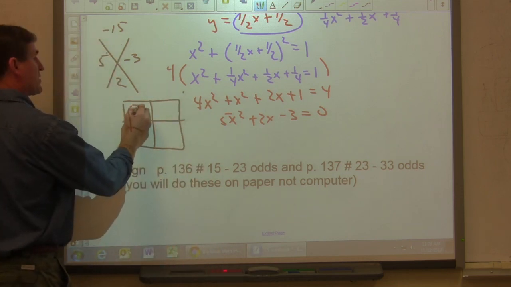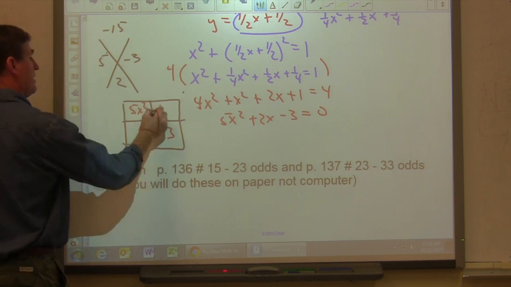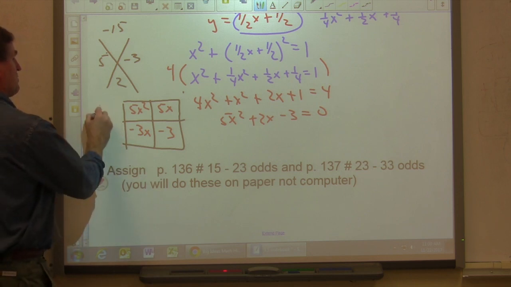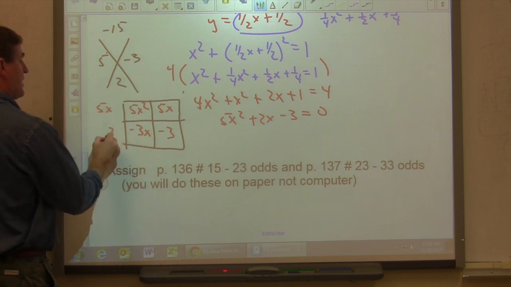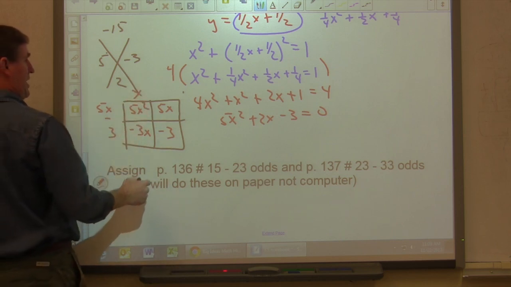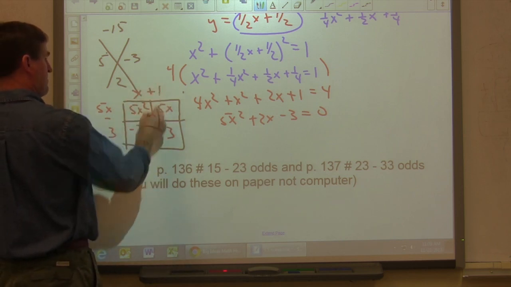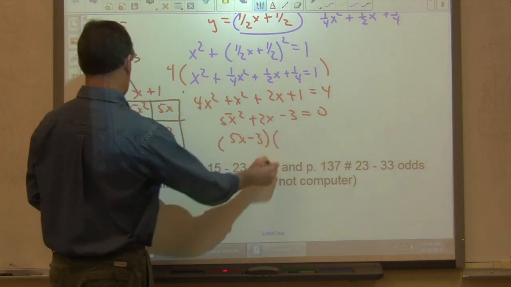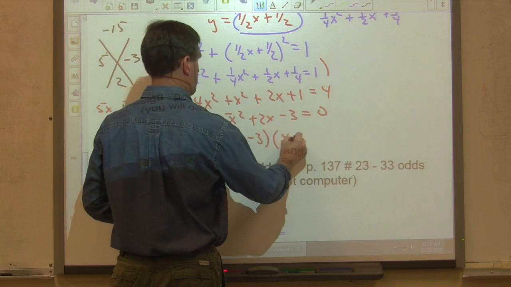And so we get 5x squared and negative 3, and then 5x and negative 3x. So this would be 5x, 3, first box is negative, x, and 1, so plus 1. So we get 5x minus 3 and x plus 1.